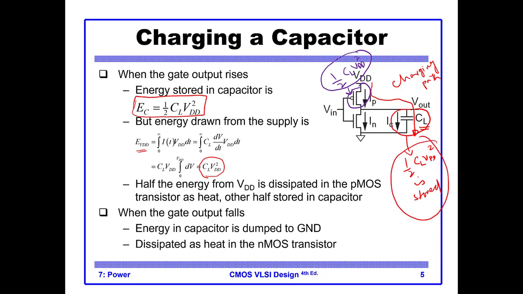So of the total energy delivered by the supply voltage, half of it is dissipated as heat, while half of it is stored.